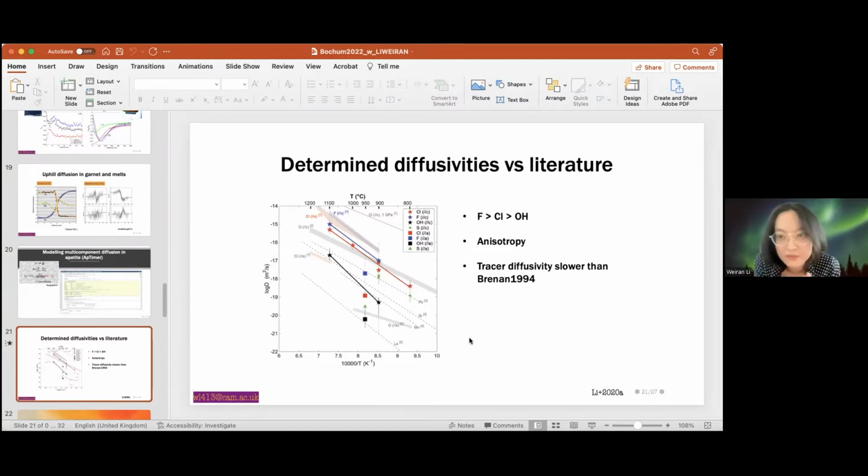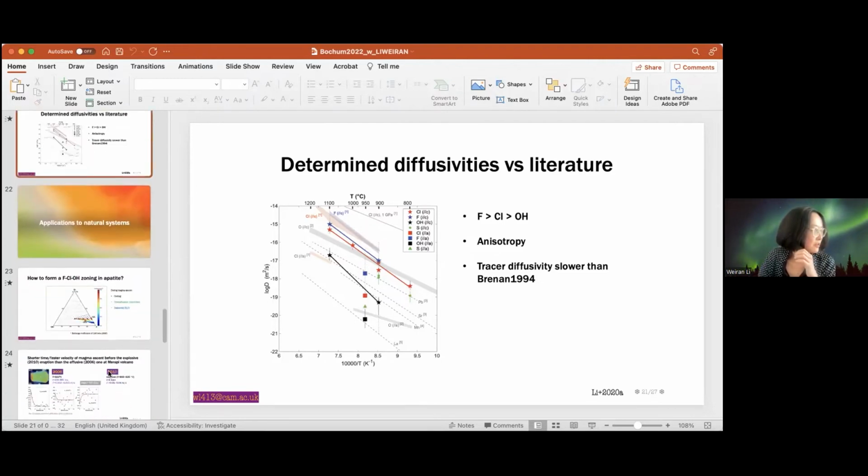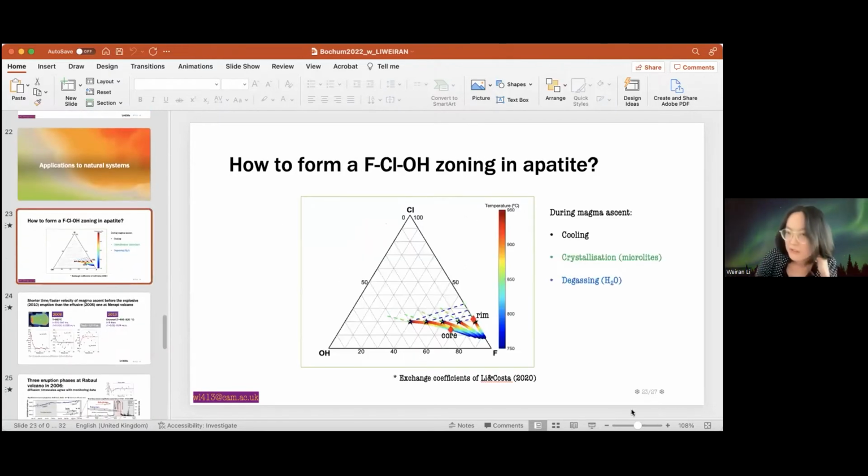Yeah, I think it's a good point. Obviously, the exterior of the lava flow cools faster than the interior, so it would be good if we can sample the exterior. Actually, I'm not sure which part of the lava flow we sampled. But another argument is the ternary diagram I showed, with the trends of different processes that would cause zoning in apatite.